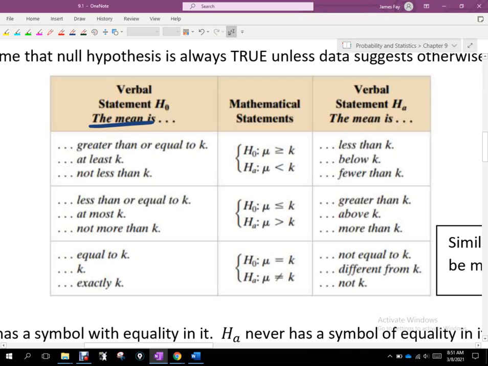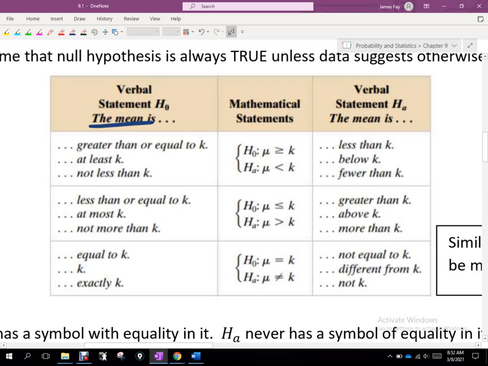These aren't the only options, but they give you an idea of how we take the verbal statement and convert it into our mathematical statement. All of these are saying the word mean, so we'd be looking at mu for the population.